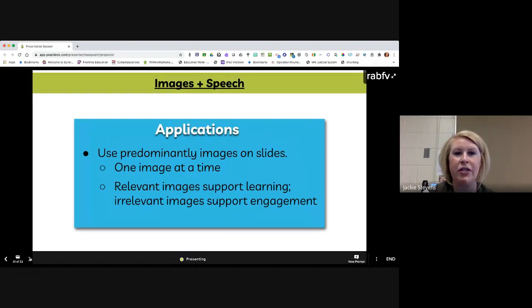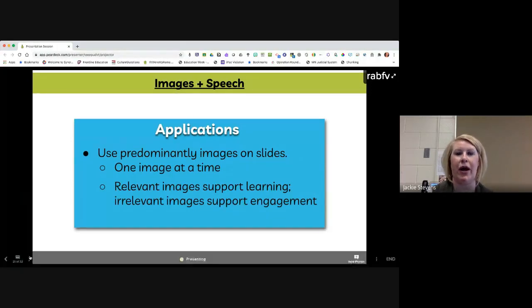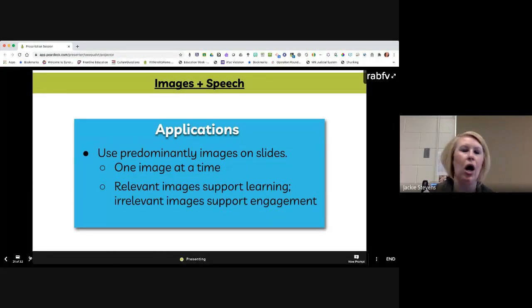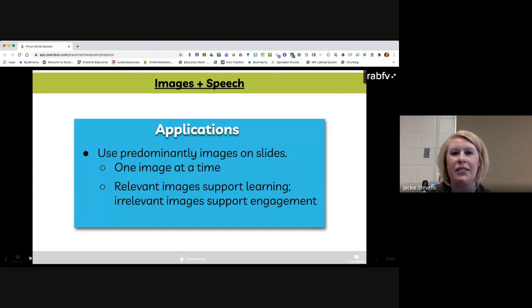So applications: use predominantly images on slides. Try for one image at a time. Some people really love to put all kinds of images all over the place and make it crazy, but that's not great for trying to make meaning in your brain.